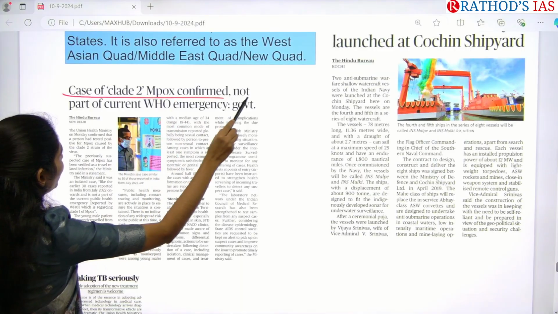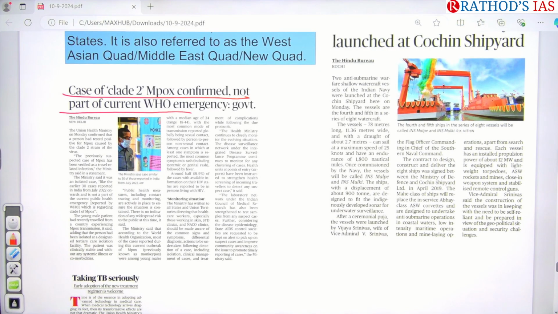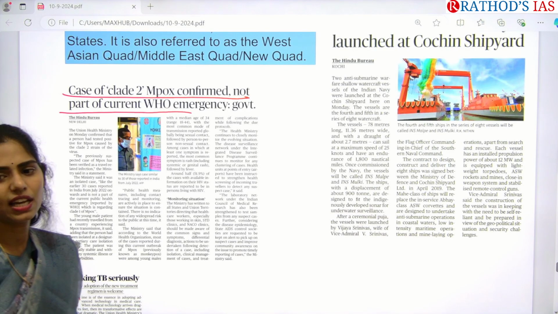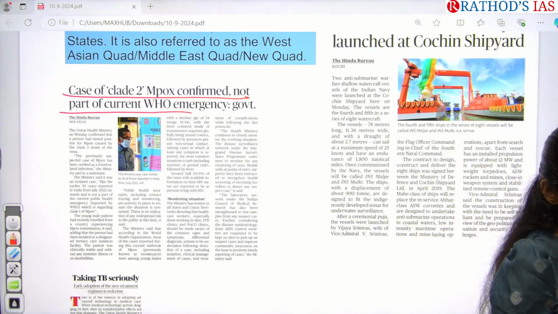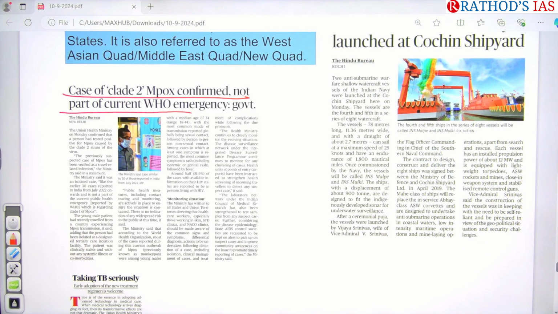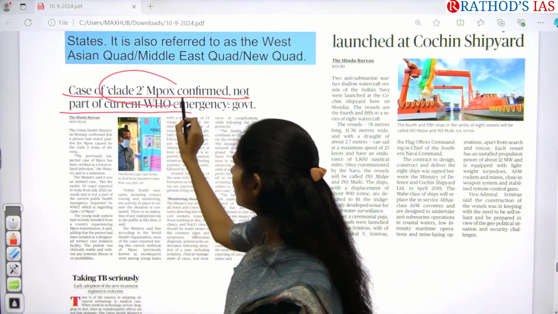Case of clade 2 mpox confirmed, not part of current WHO emergency, says government. So recently, this mpox had been declared as public health emergency of international concern, right? And why do we discuss that?